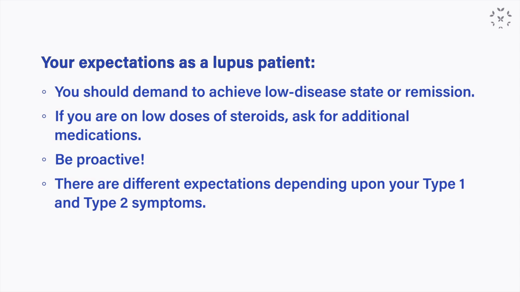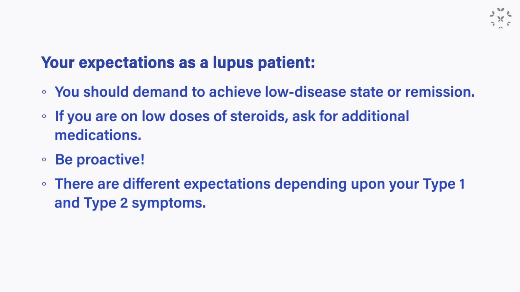If you're on even low doses of steroids, let's say 5 milligrams a day, and your doctor can't decrease it because you keep flaring up, you want to ask, could we try adding something to my regimen to see if I can possibly get my lupus under better control so I can get off the steroids? I believe all patients should be proactive in their care regarding this.